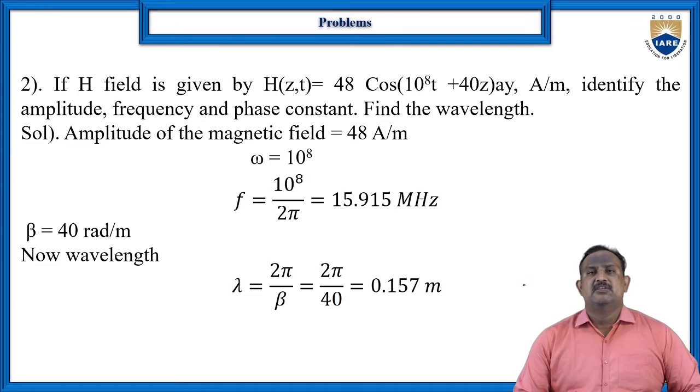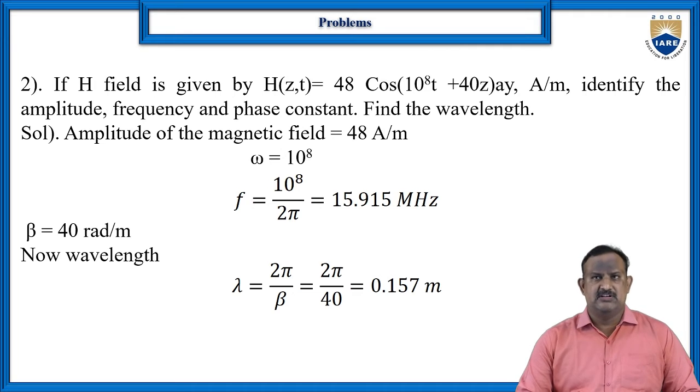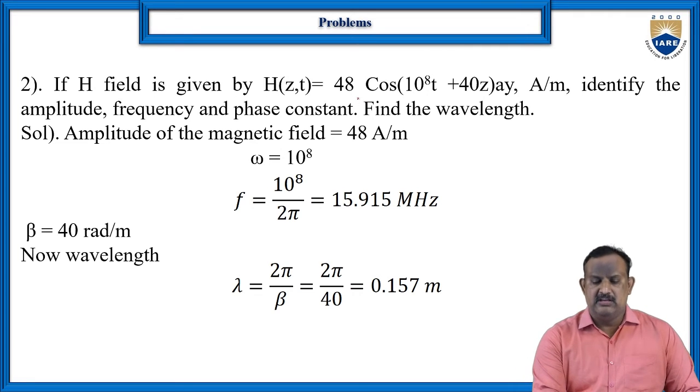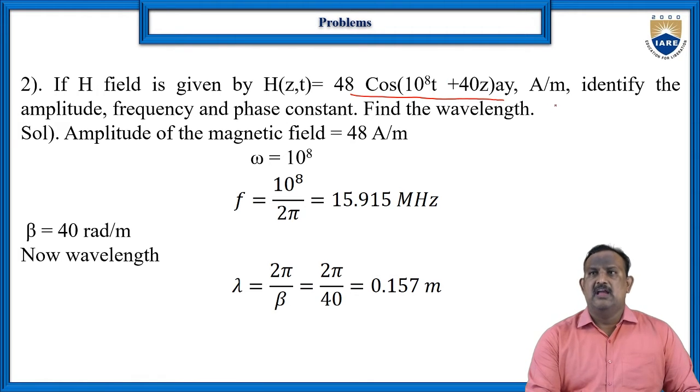Then the second problem. The magnetic field is given by H of z comma t, which is equal to 48 into cos of (10 power 8 t plus 40z) into a_y amperes per meter. Identify the amplitude, frequency and phase constant, and then find the wavelength also.